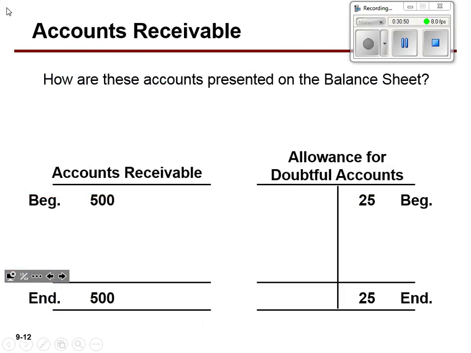What does it look like on the balance sheet? You are being introduced to another contra account, but the allowance for doubtful accounts is a contra asset. You know how we've had contra revenue accounts so far that offset our revenue? Now we're going to have contra assets that offset our assets.